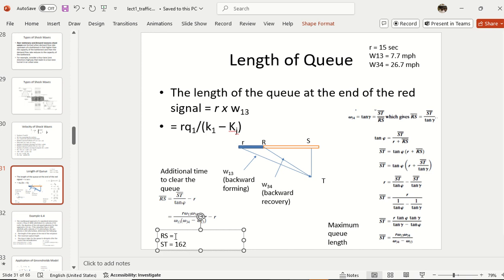No. I convert it and I divide by it. So I block 7.7 and 26.7 and 15. Okay, now divide by 3600. RS 6.1. Divide by 3600. Multiply by 5280. 238. No, just keep everything as it is. 238. Yeah.